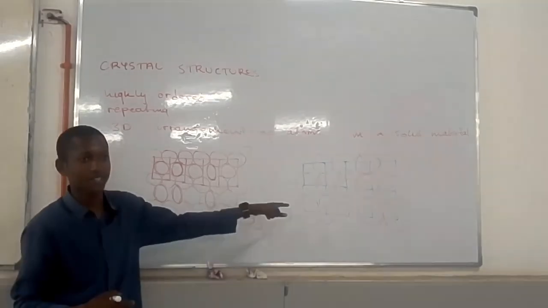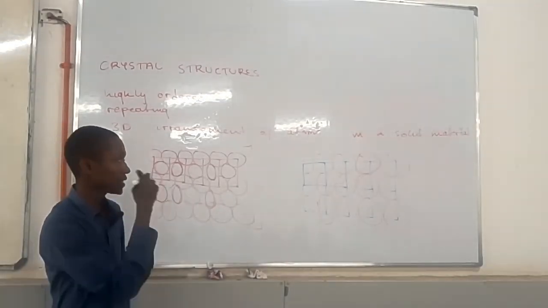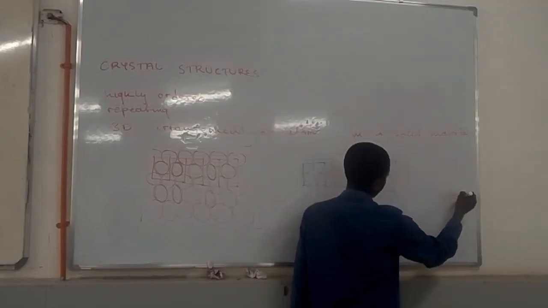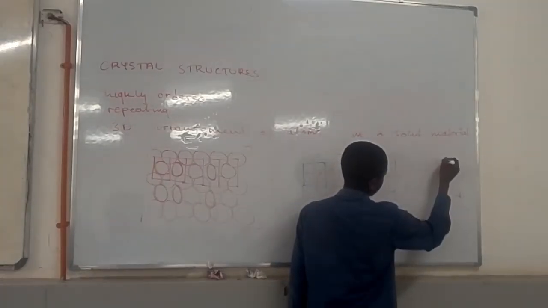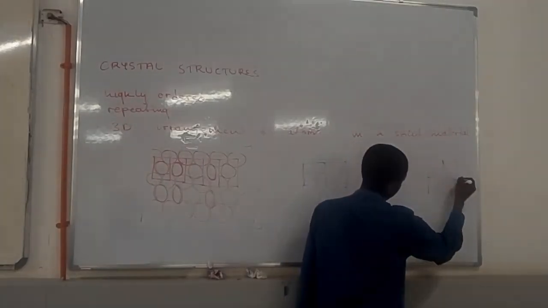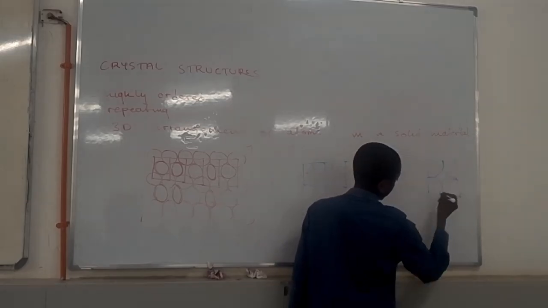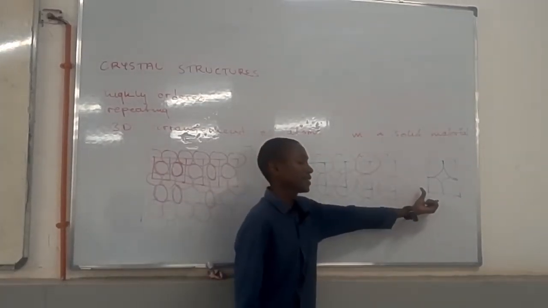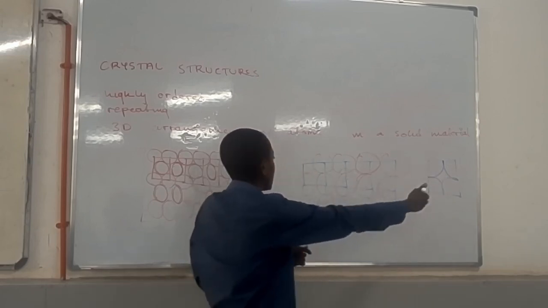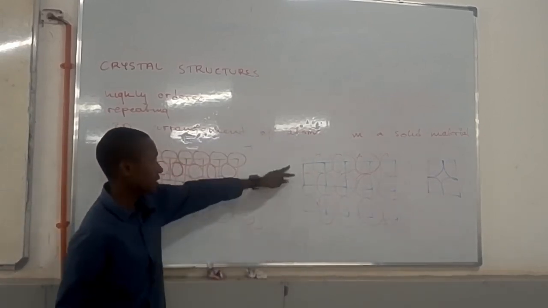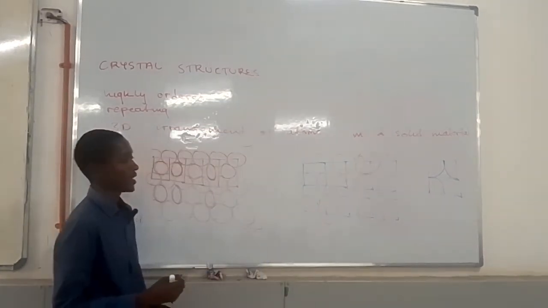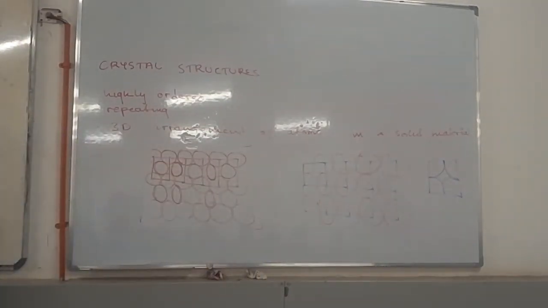If I were to write it on its own, the unit cell can look like this. So if I get this and repeat it multiple times, I get this arrangement of atoms.